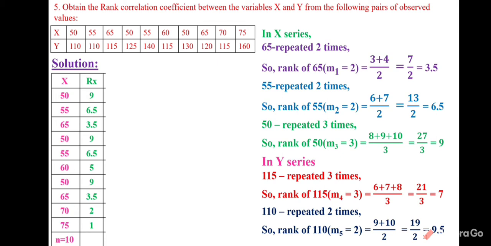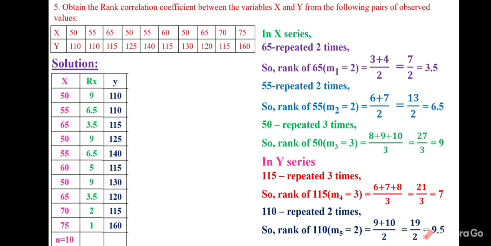Next highest value is 55, again repeated, 2 places. The next 2 ranks, 6 and 7: 6 plus 7 divided by 2, 13 by 2, 6.5. So 6.5, 6.5. Then last is 50, 3 times repeated. 8 plus 9 plus 10 divided by 3, so 27 divided by 3 equals 9. So this is another rank.